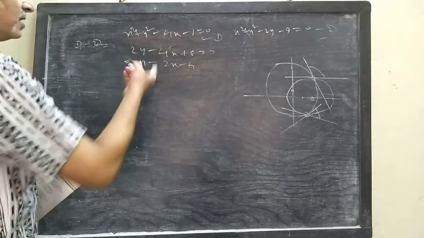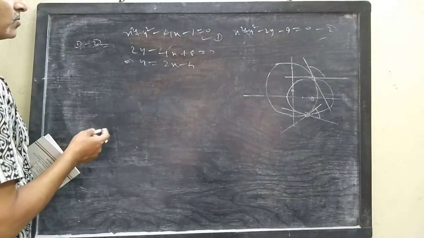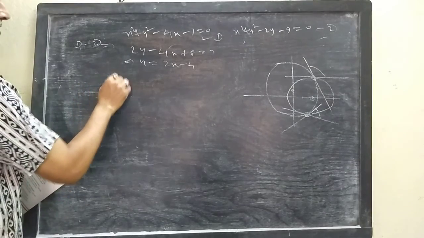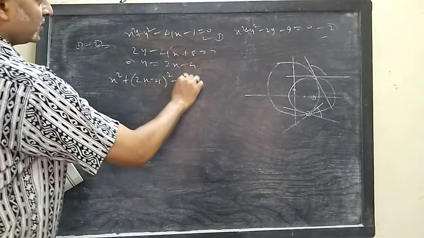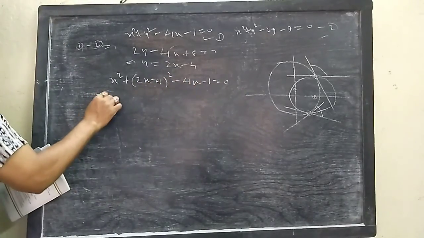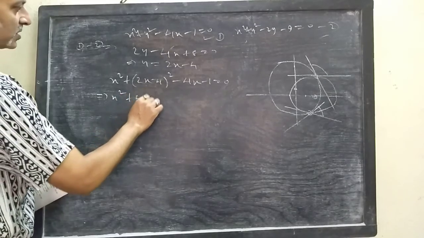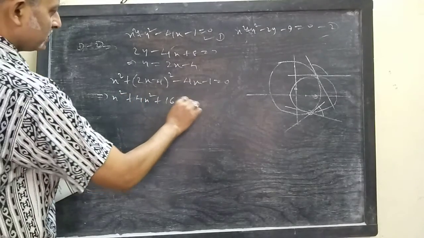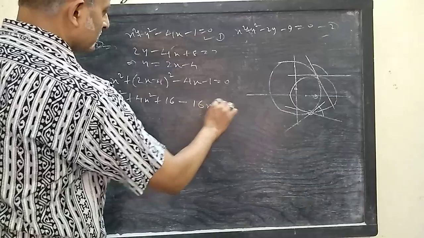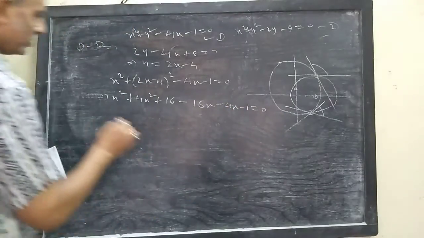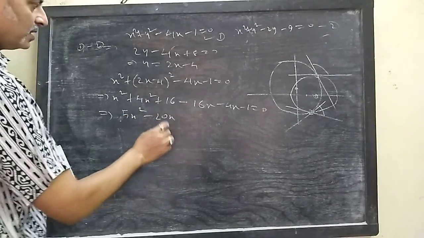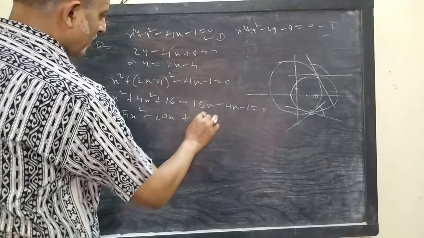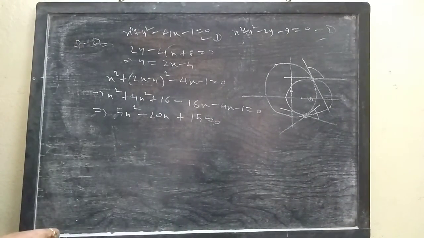Now substituting this y in any one, in say 1, we get x square plus 2x minus 4 whole square minus 4x minus 1 equals 0. That implies x square plus 4x square plus 16 minus 16x minus 4x minus 1 equals 0. 5x square minus 20x plus 15 equals 0.